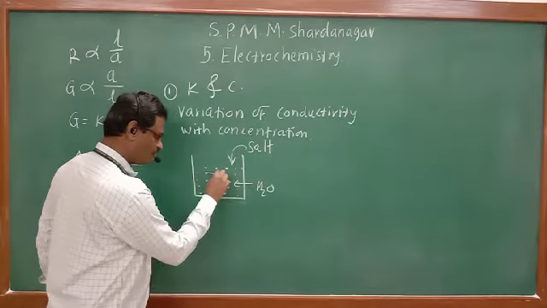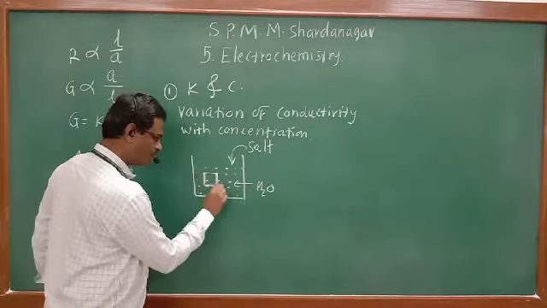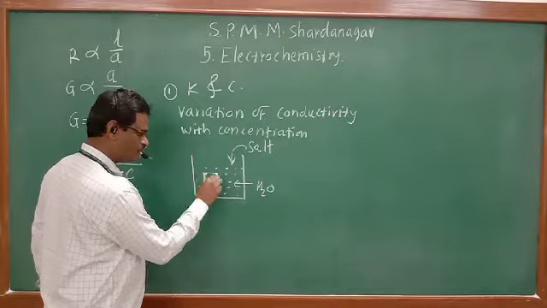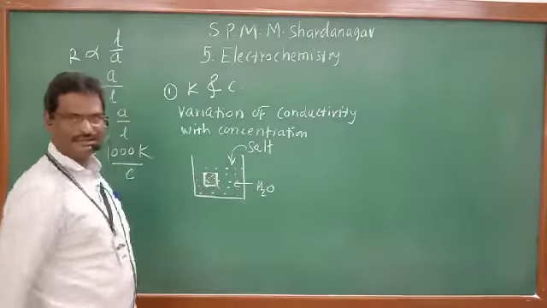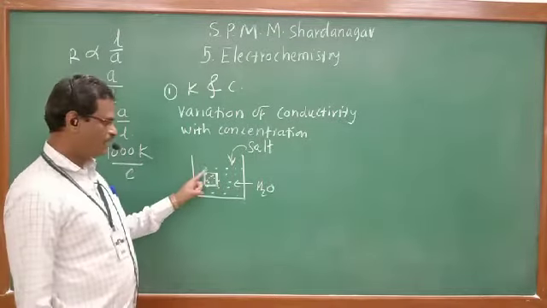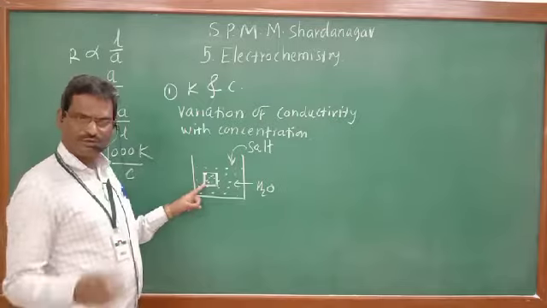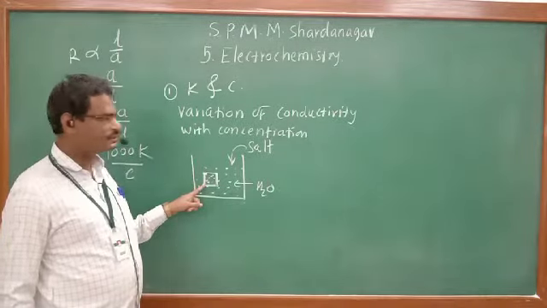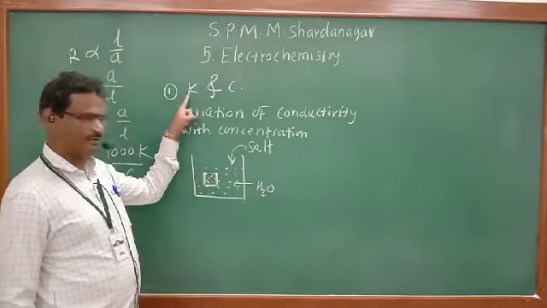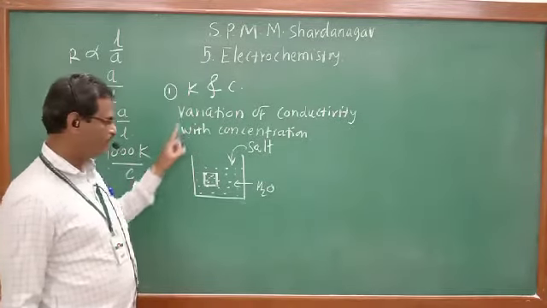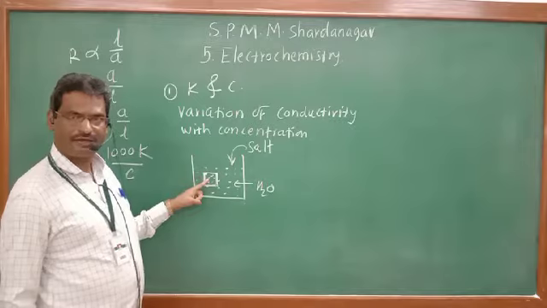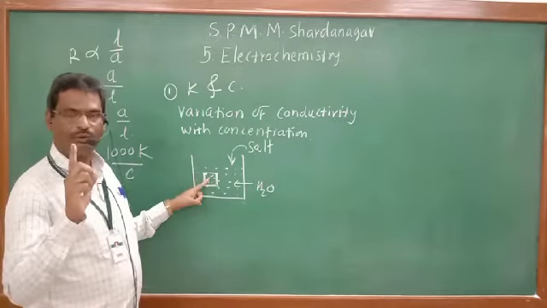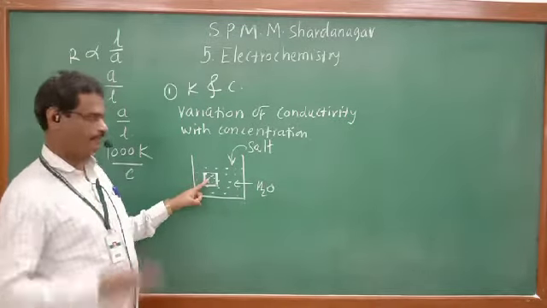So suppose this is the 1 centimeter cube volume in which certain ions are present. Those ions conduct electricity and their conductance is known as conductivity, because conductivity is the conductance of ions present in 1 centimeter cube volume.